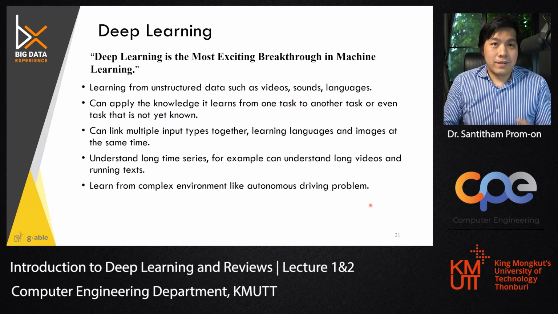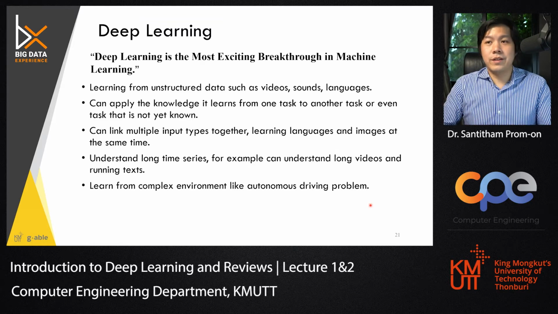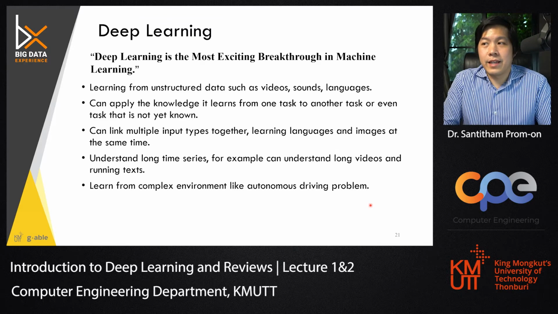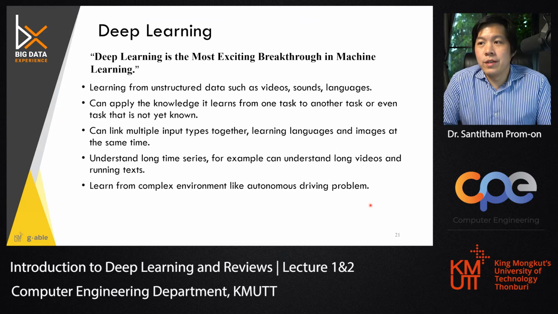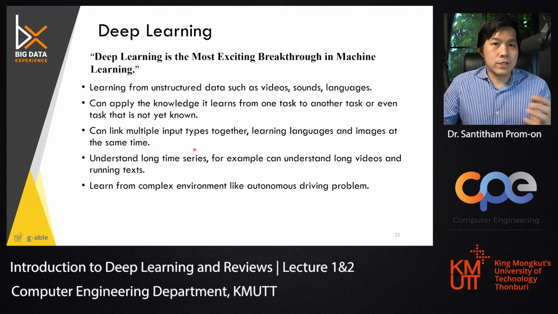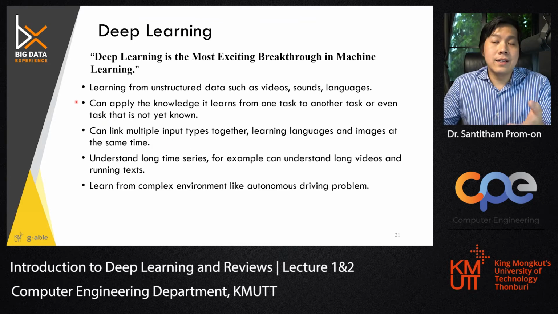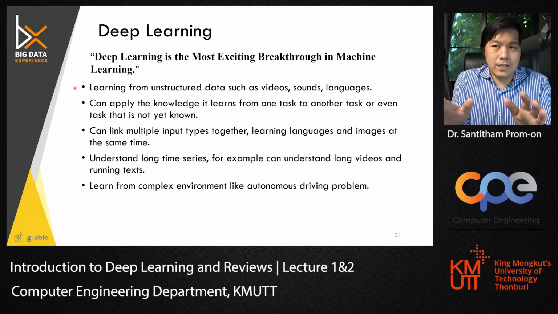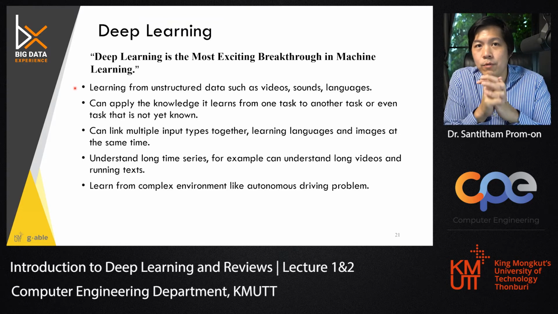Right. So that leads to here, to deep learning. Deep learning is one of the exciting breakthroughs in machine learning. The goodness of deep learning is not in its capability on tabular, structured data.